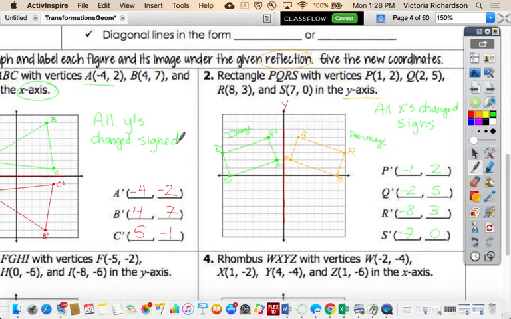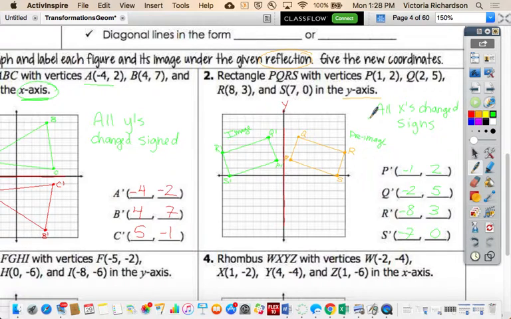So when we reflect across the x-axis, all my y's change signs. And when we reflect across the y-axis, all my x's change signs. Those are the first 2 rules of transformations. When you reflect across x, y changes. When you reflect across y, x changes.